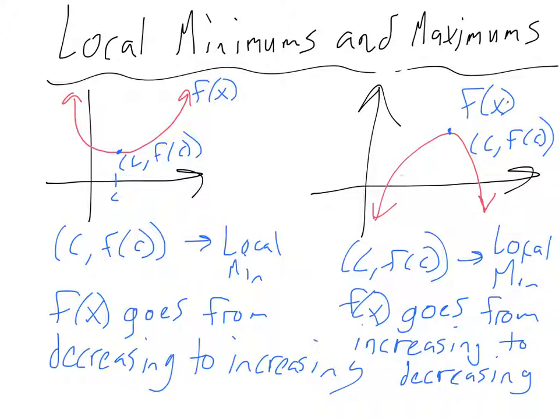And so a lot of functions have different types of local mins and maxes. And so we want to be able to identify those as well. And so I'll give you a function and just have you go ahead and do that.